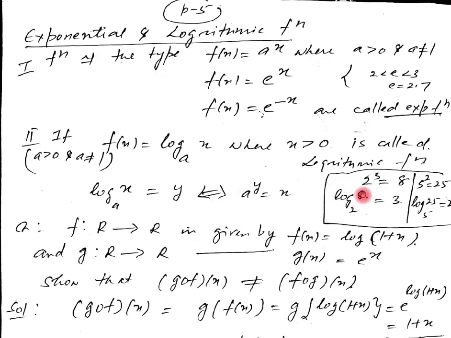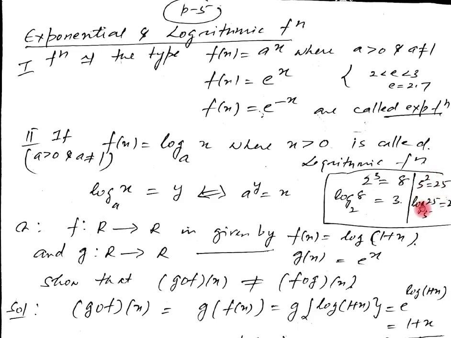For example, 2^3 = 8, we know it. Now logarithmic can be converted into exponential, and exponential can be converted into logarithmic. Now 2^3 = 8, so we can write log of 8 with the base 2 equal to 3. Similarly, we know 5^2 = 25. It is the exponential form.